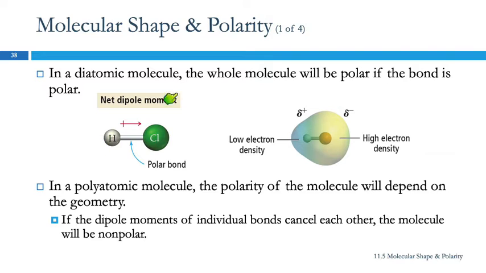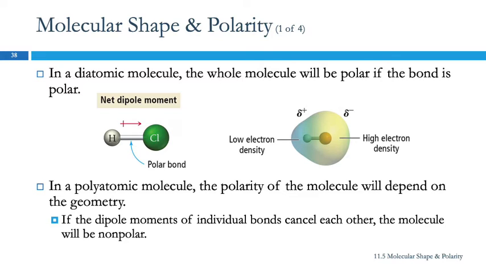So this end of the molecule has a partial positive charge, a low electron density. This end has a partial negative charge, a high electron density. So this side got more blankets than the other side, right? So in a diatomic molecule, if the bond is polar, the molecule's polar.